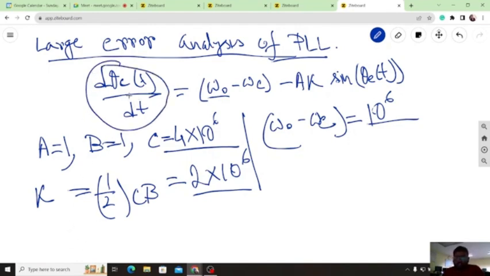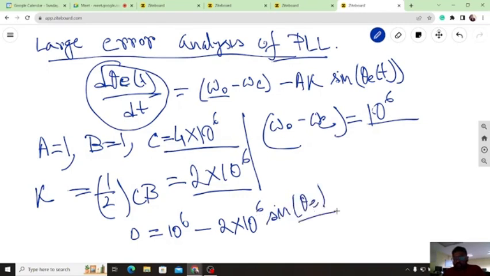For equilibrium, d theta e by dt will be 0. Basically, the error will not change with respect to time at equilibrium. So at equilibrium, the equation will be zero equal to 10 to the power 6 minus 2 into 10 to the power 6 sine of theta e.